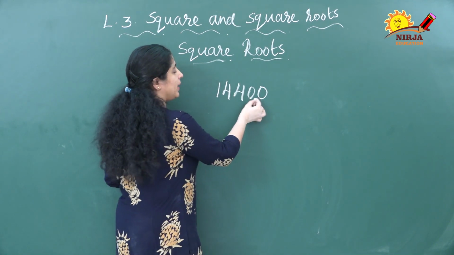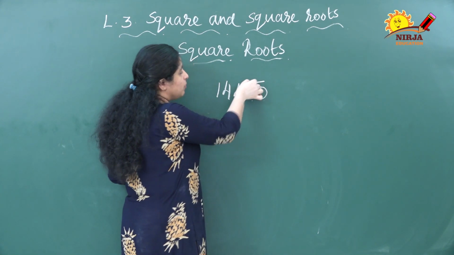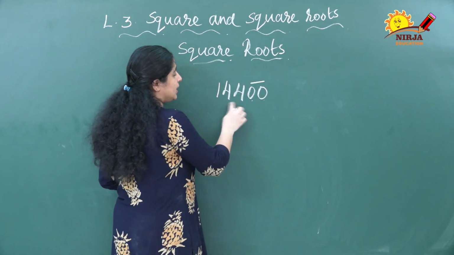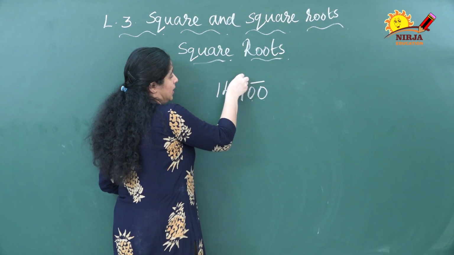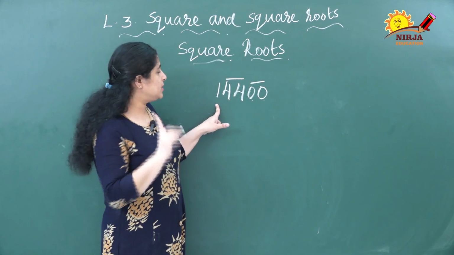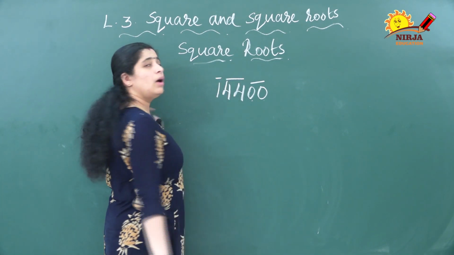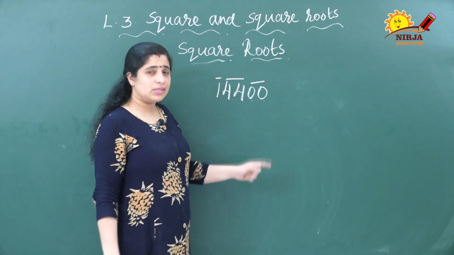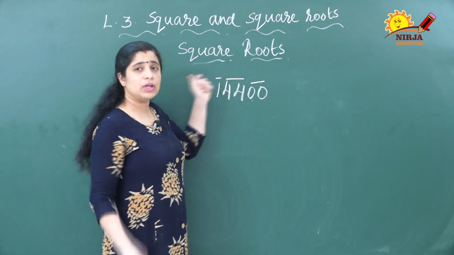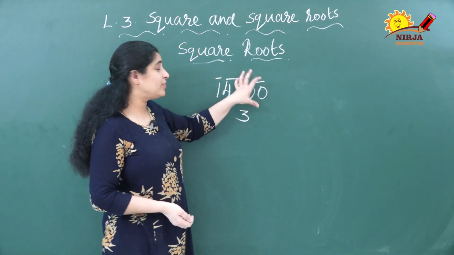So the first pair will be these two, and I keep one bar here. Then again one bar, and this number is alone, that means only one number is there, and there also you have to keep one bar. How many bars are there? 1, 2, 3. So 3 digits will be there in the square root of this number.